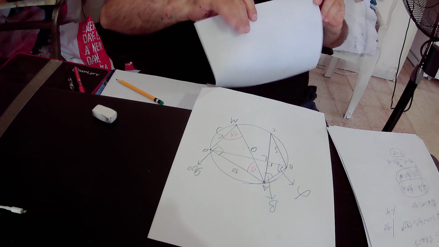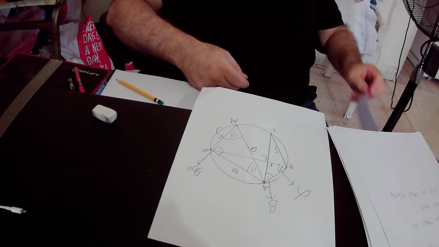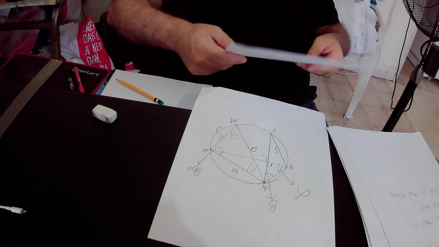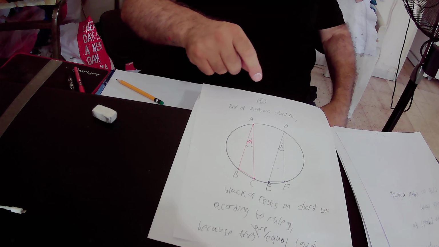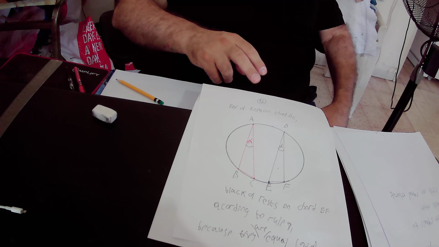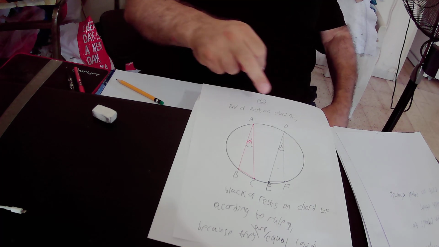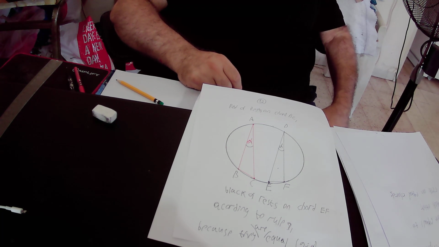Okay, so I will give you an example in order to clarify rule number 3. If we have two peripheral angles that are equal to each other, the black alpha equals the red alpha, then according to rule number 3, they rest on equal chords.